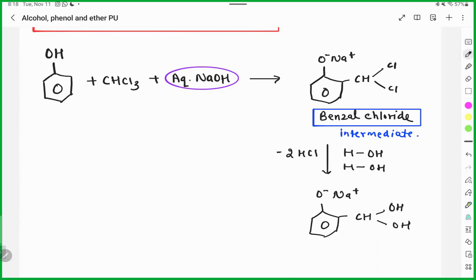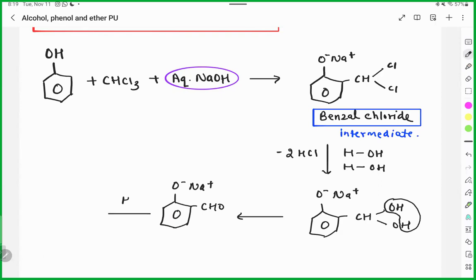If you heat this, what will happen? H2O is one of the stable molecules, so H2O will also be removed. So can you say it will be O negative Na positive with CHO, correct?